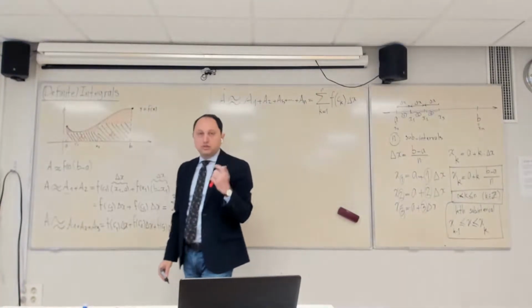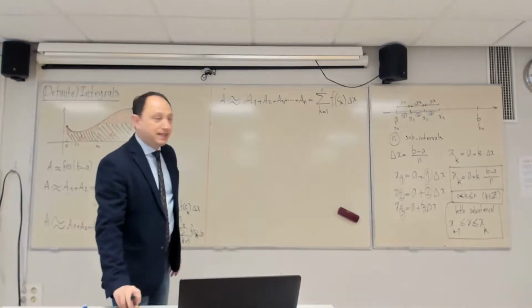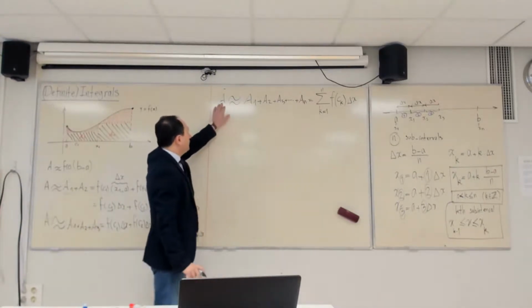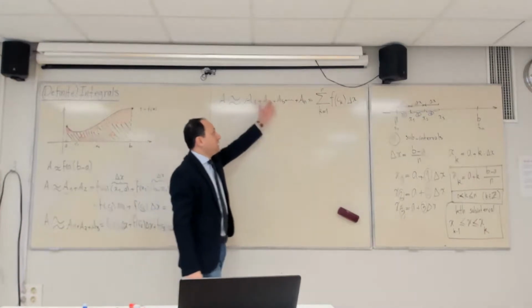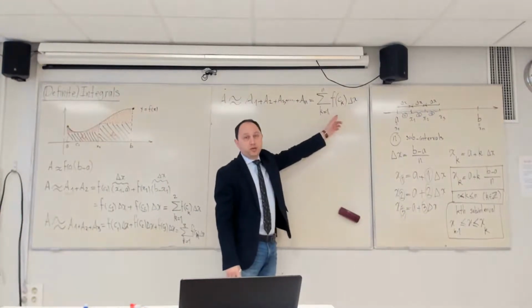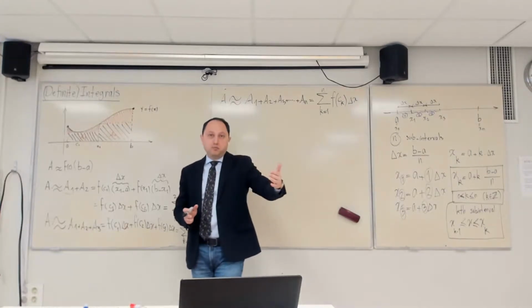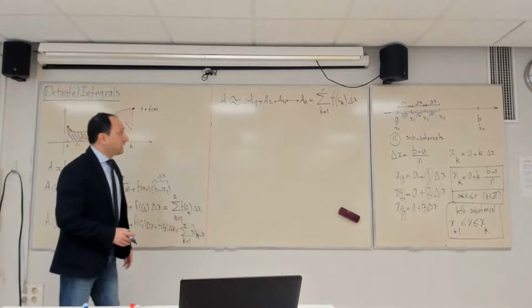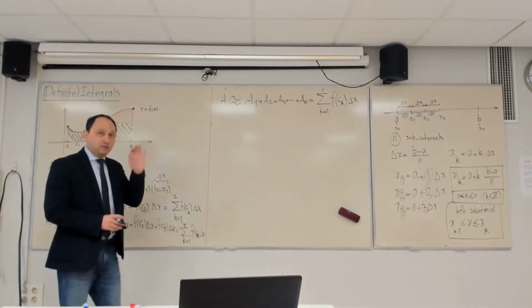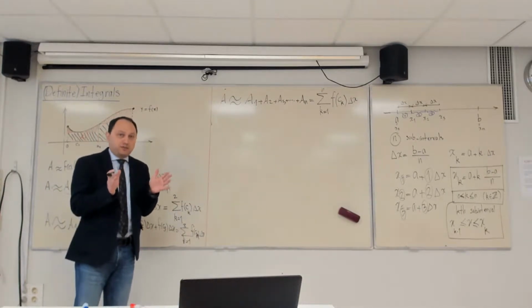But now intuitively, just intuitively, tell me, what do you think if I want to have the exact value of A? Every time that I am increasing a subinterval to my partition, I am getting a better and better value for the real area value. Okay, now assume that you don't think about practical problems.